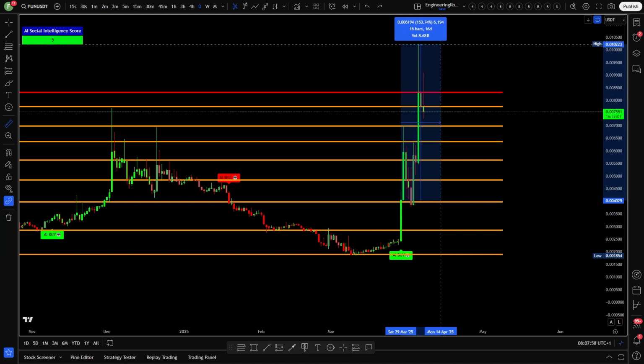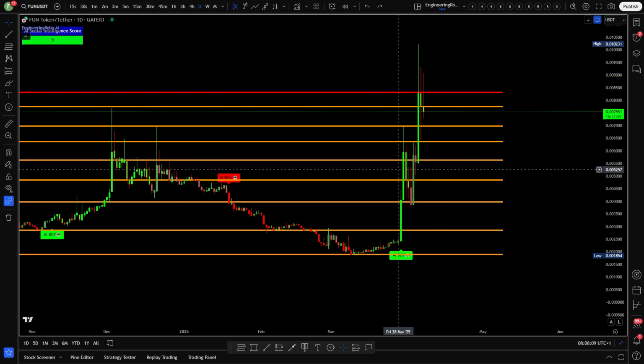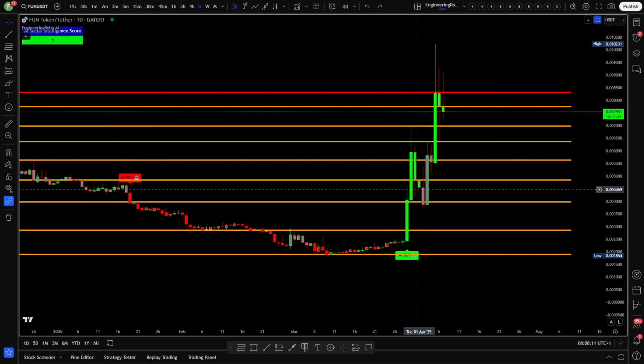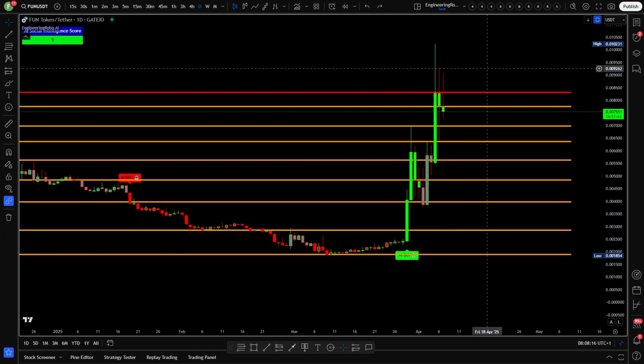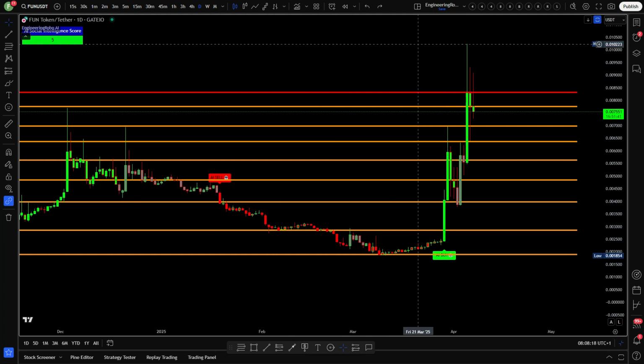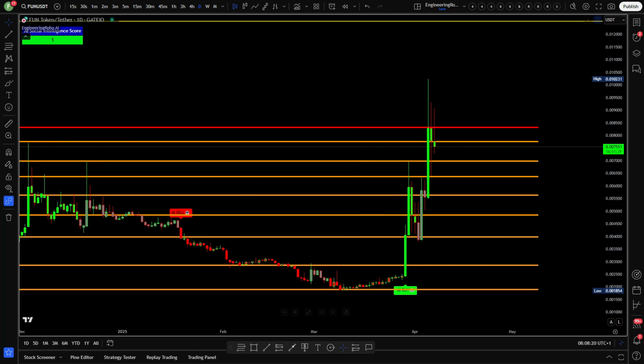Right to the maximum top, which is always a push, is almost 155% potential profit from the AI signal solely on the daily. Obviously, we didn't make a video when the AI signal was printed, and we would have wanted certain confluences before we would have considered entering this trade. But price has moved quite a lot.